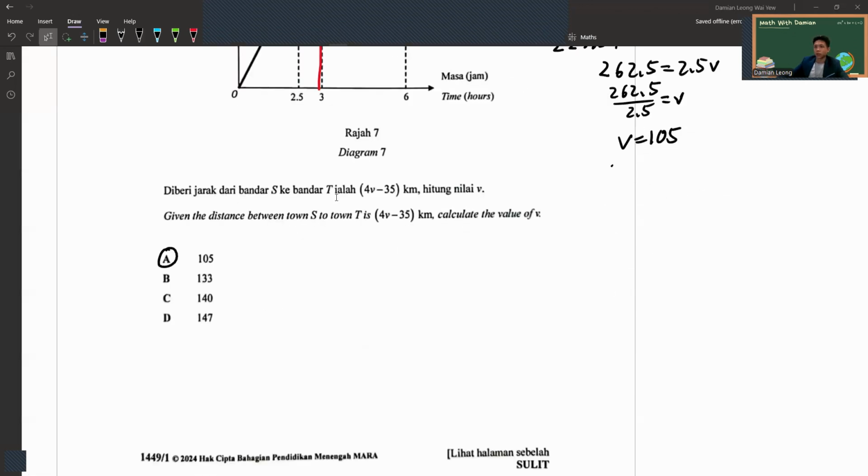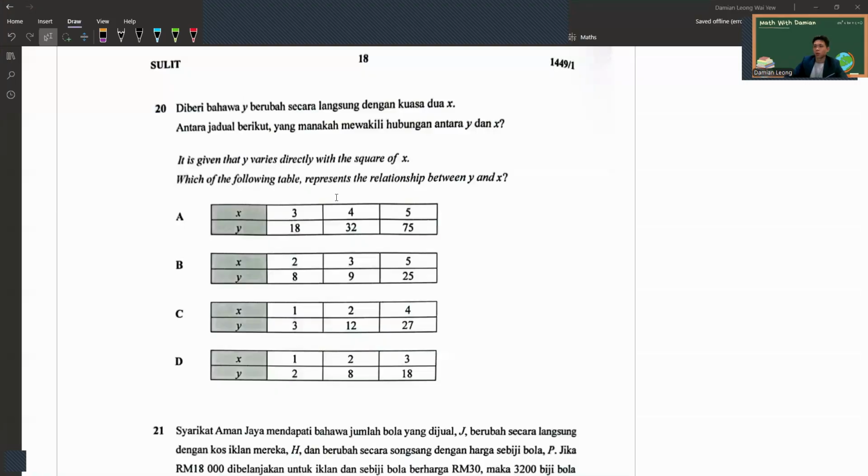Okay. Question 20. Given y varies directly with the square of x, which table represents the relationship between y and x? So if I look at x squared, the ratio of y over x squared should be the same.